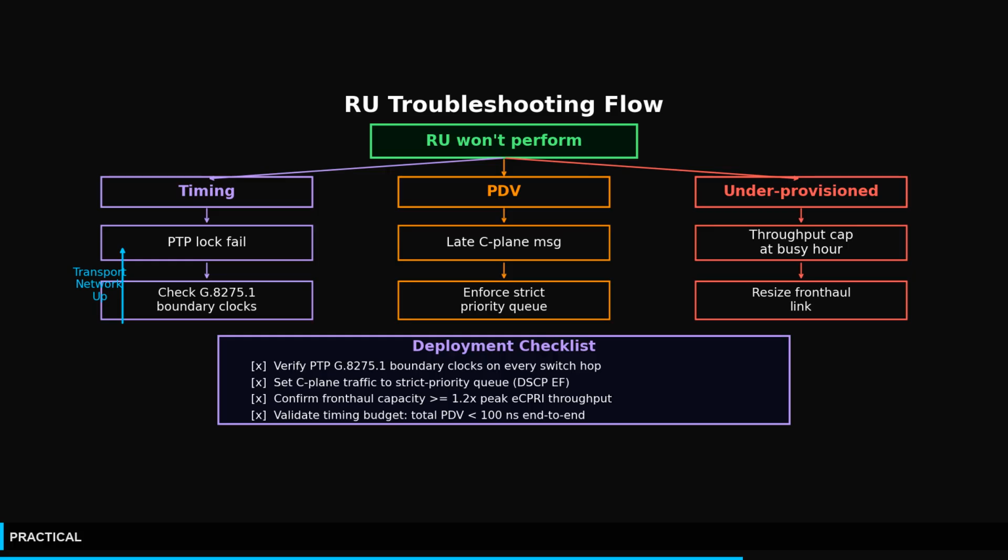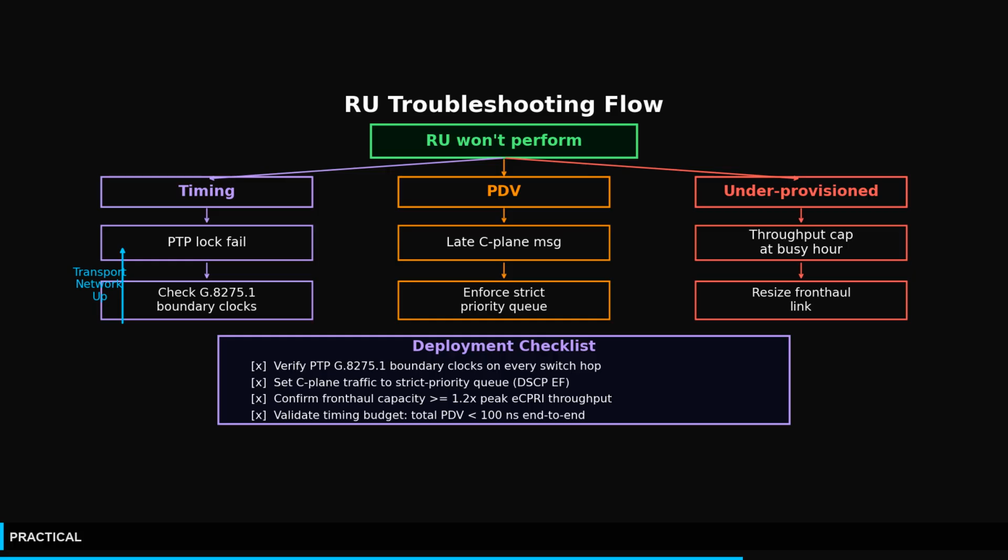Second, packet delay variation. The U-plane and C-plane are deadline-driven. C-plane messages must arrive before the U-plane data they describe. If a switch buffers C-plane traffic behind a burst of U-plane packets, you get late C-plane, and the radio discards the corresponding user data. The fix is strict priority queuing.